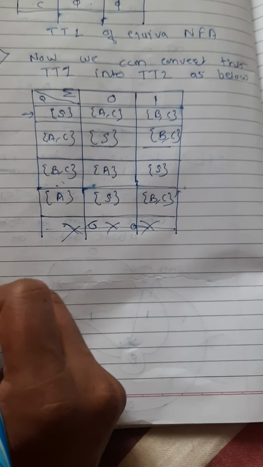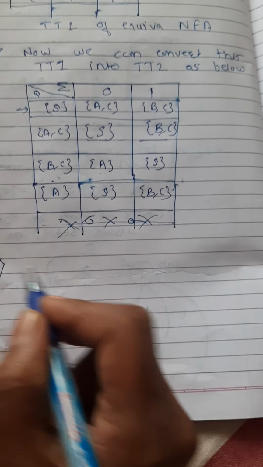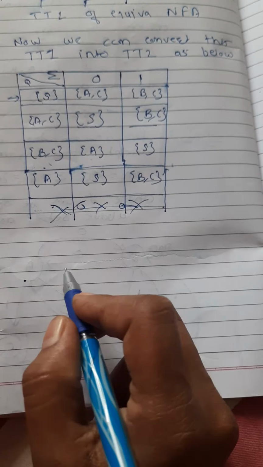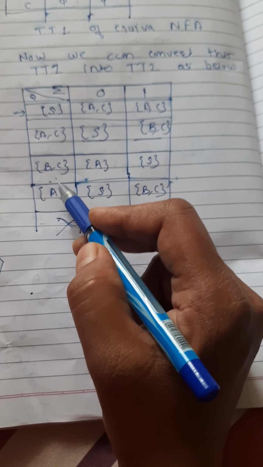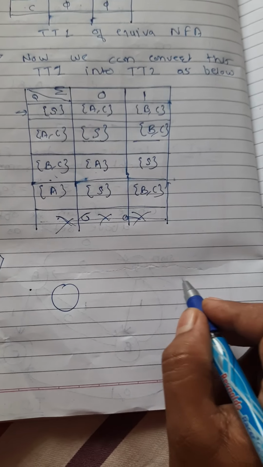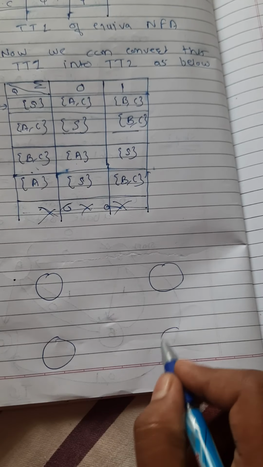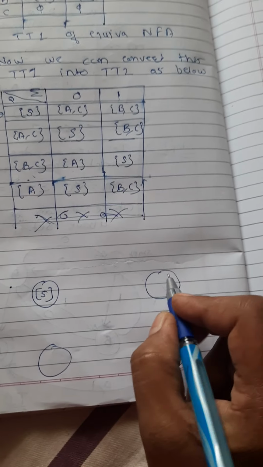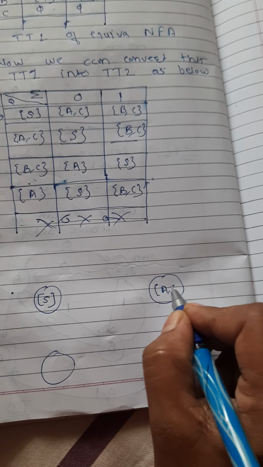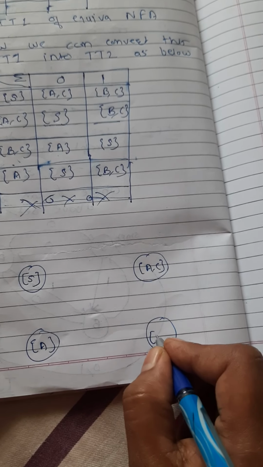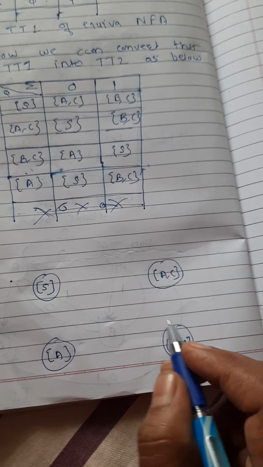Now just obtain the diagram of this one. You know very well how to obtain the diagram. Draw as many circles as the number of subsets we added here: 3, 4. Then S, and instead of curly brackets just write AC, then A, and then BC, four subsets.